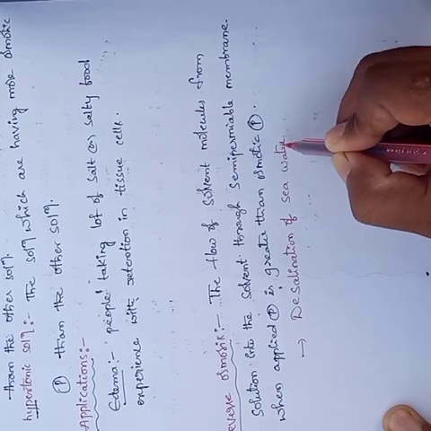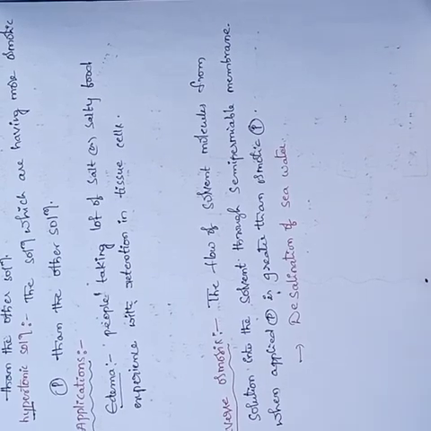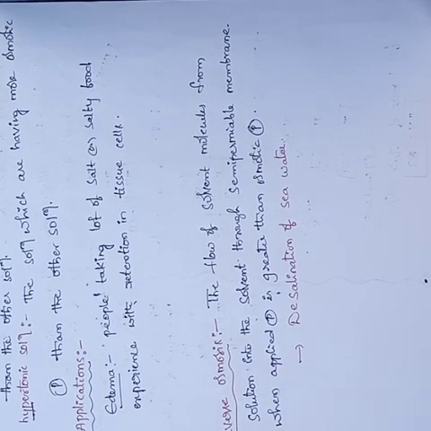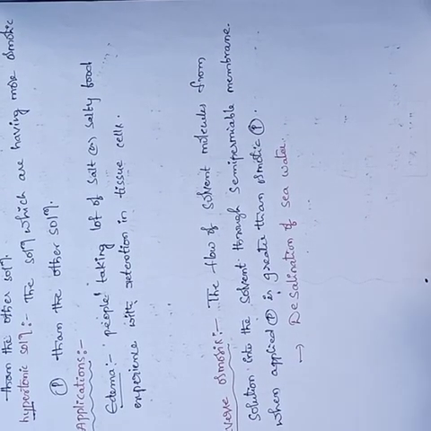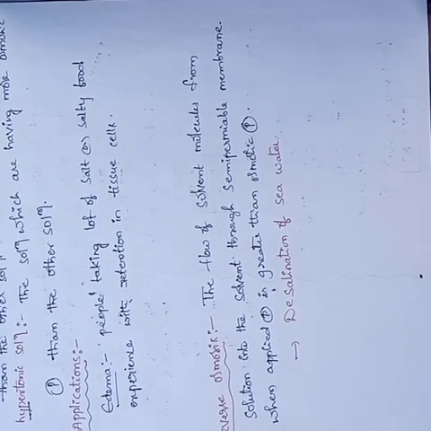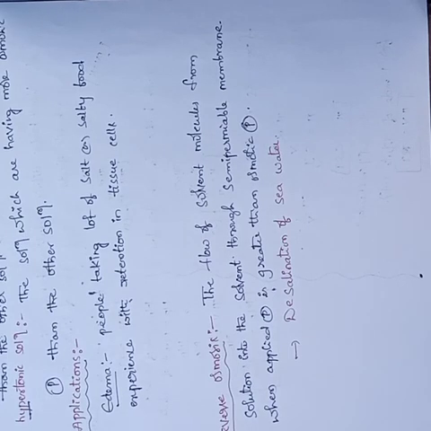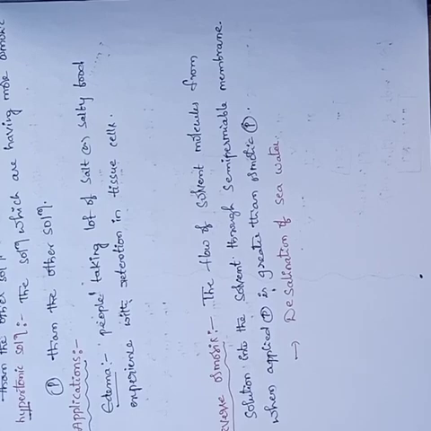Usually sea water is unfit for drinking, but by using this reverse osmosis process, we can convert the unfit water into drinking water. This is about osmosis, reverse osmosis, and osmotic pressure.